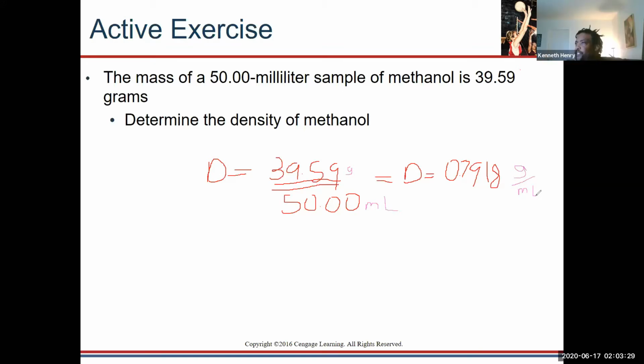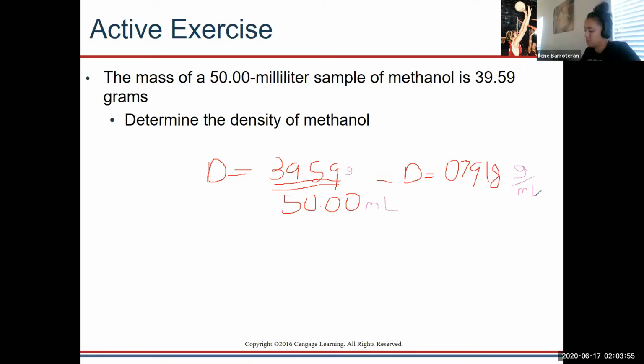The majority of the questions that you have, you should be paying attention to sig figs. Occasionally, the multiple choice questions, depending on which chapter they came from, may not use sig figs because it hadn't been introduced yet. Like in chapter 2, we hadn't talked about sig figs. So you want to go with the answer that's closest to the correct answer. But if they ask you, be sure to include sig figs.